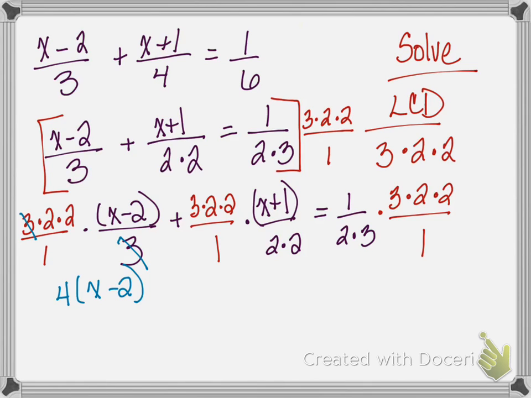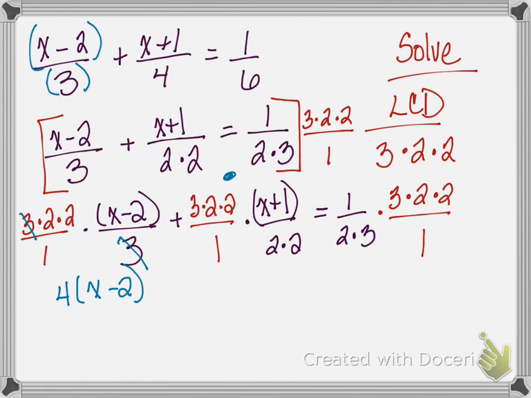That's why we put it in parentheses, because the 4 has got to be distributed to that binomial. Okay? And when we have it written in this form, this x minus 2 over 3, that fraction bar is actually a grouping symbol. And so to help us remember that, we put parentheses around it. Good question.